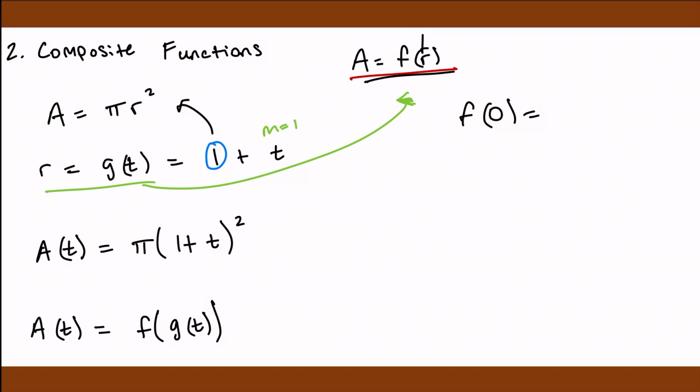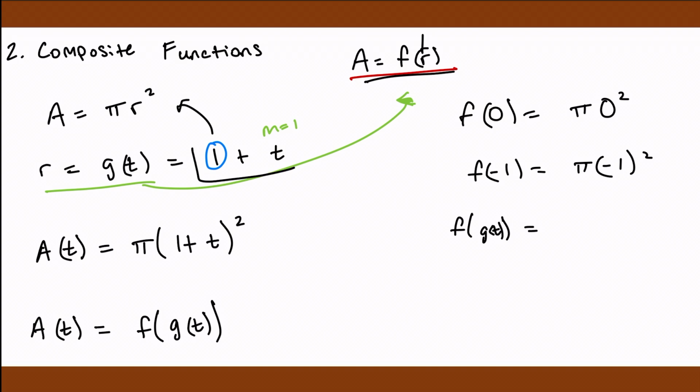So it's pi times 0 squared. Same idea. f of minus 1, well, everywhere I see an r, plug in a minus 1, pi times (minus 1) squared. But now f of g of t means everywhere I see an r, I plug in the function g of t. What is that? 1 plus t. Okay, that's what that means. And it's nothing more than that. It may feel and seem complicated, but it's really as simple as that.